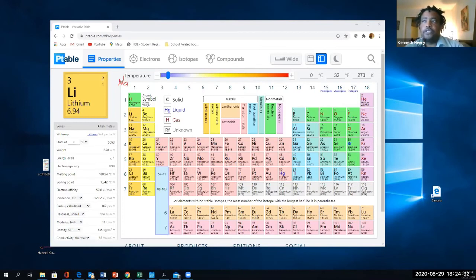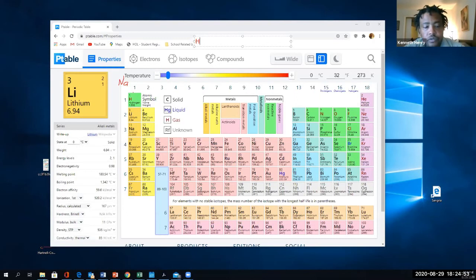We'd only have one sodium. Now, these elements are considered diatomic because in nature, in the real world, they have to be paired up with themselves. There's 7 of them.